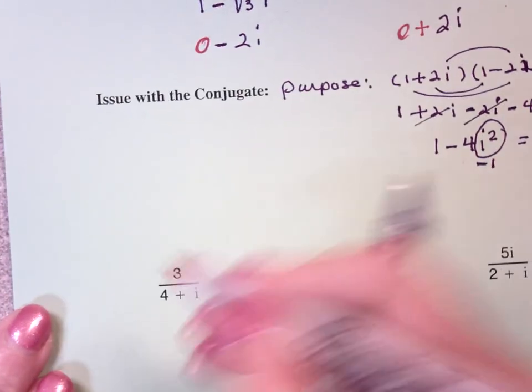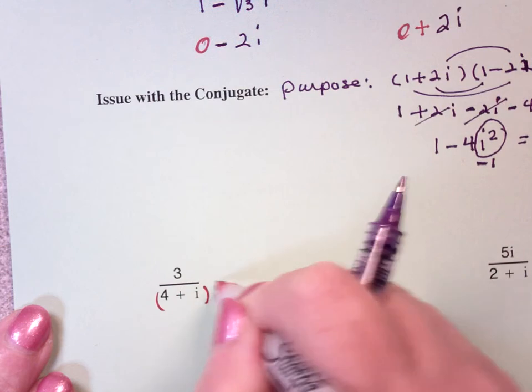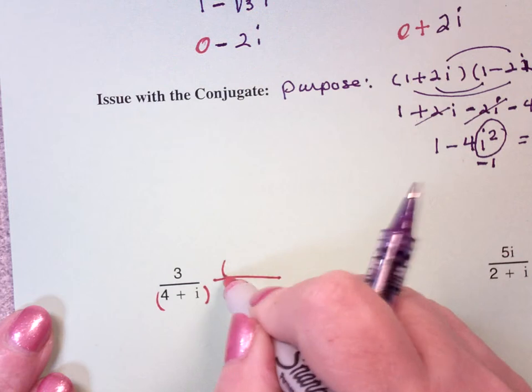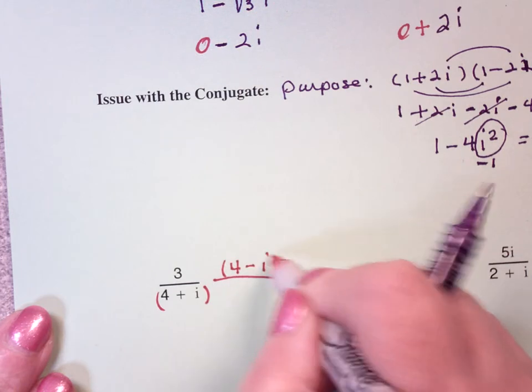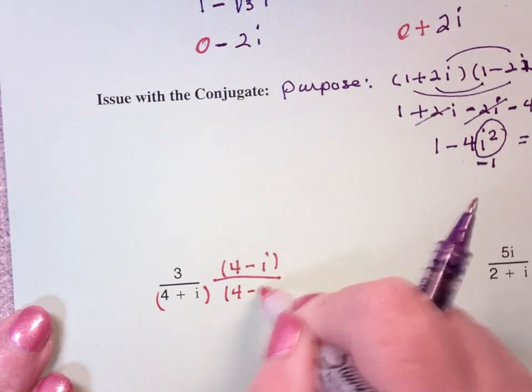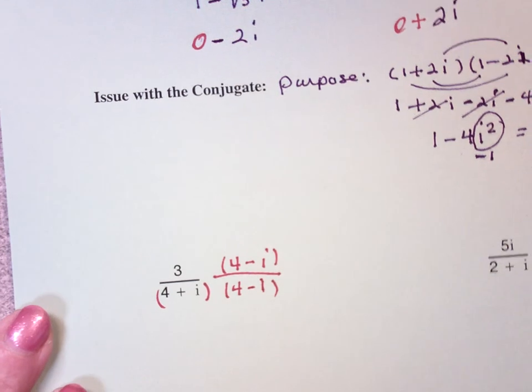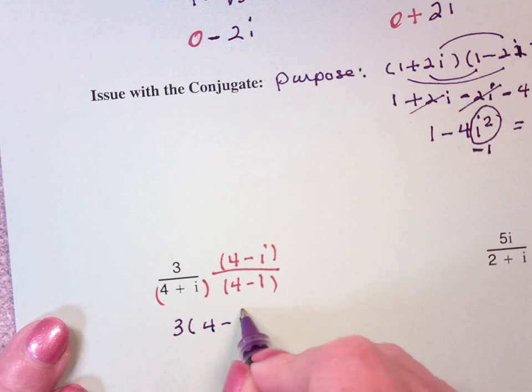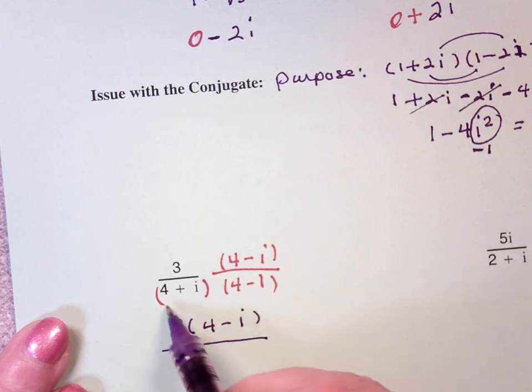So as I look at this one, if it's 4 plus i, I'm going to multiply by the conjugate, which is 4 minus i. That gives me 3 times 4 minus i over 4 times 4 is 16.